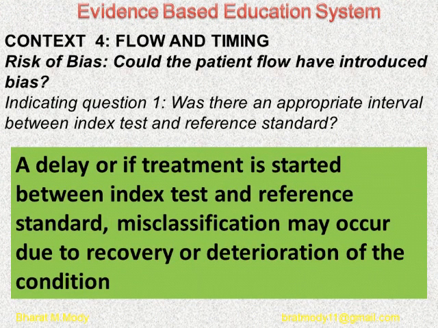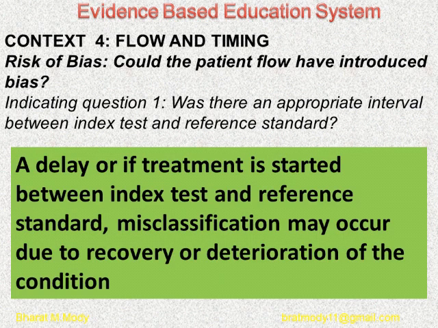Flow and timing. Could the patient flow have introduced bias? So, was there any appropriate interval between the index and the reference test? Because if you have taken the index test, the patient is already in that view about the index test. So when you conduct the reference immediately afterwards, then there will be discord and the result may not be proper.